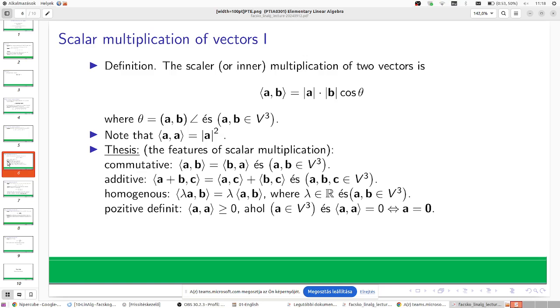If you have the sum of two vectors and you do the scalar multiplication, then you can distribute it. Actually, this is not the good term. I will change this.